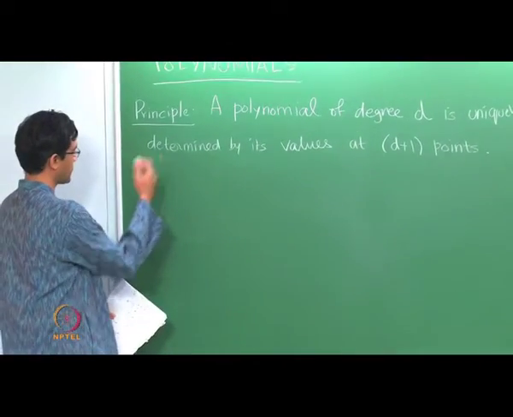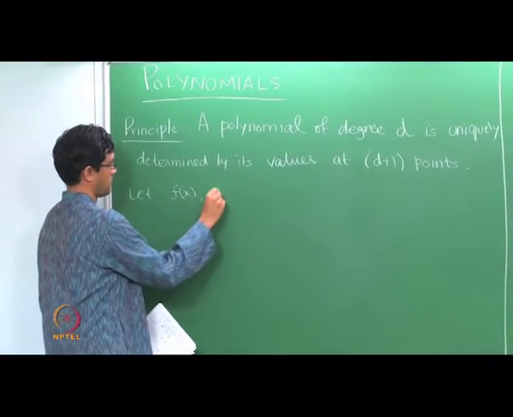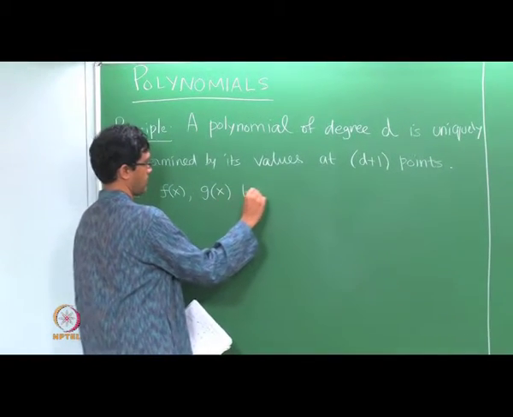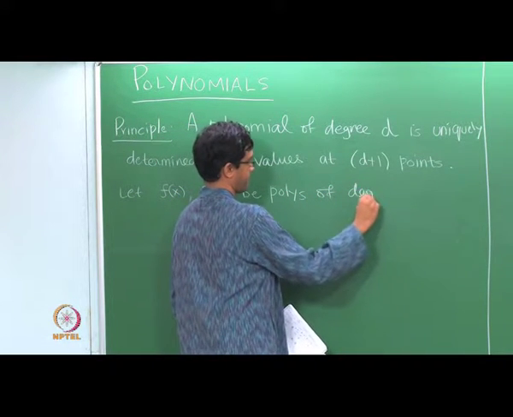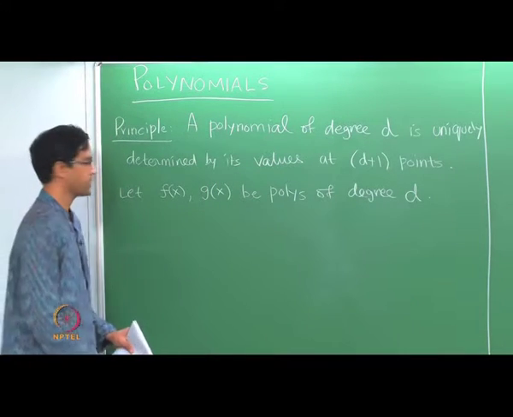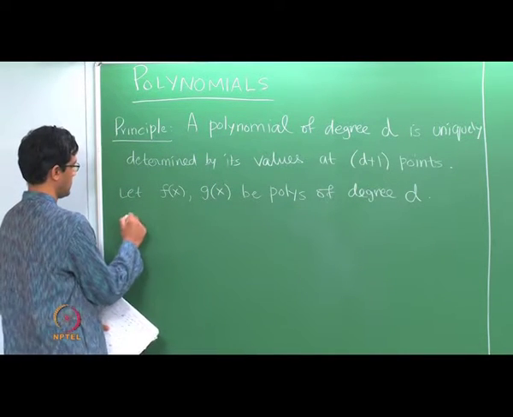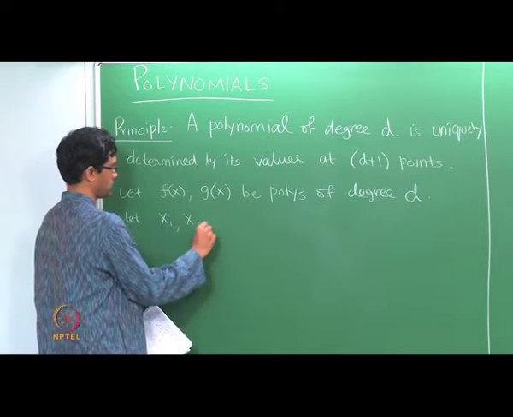To make this a little more precise, let f of x and g of x be polynomials of degree d, and suppose you have d plus 1 distinct points.